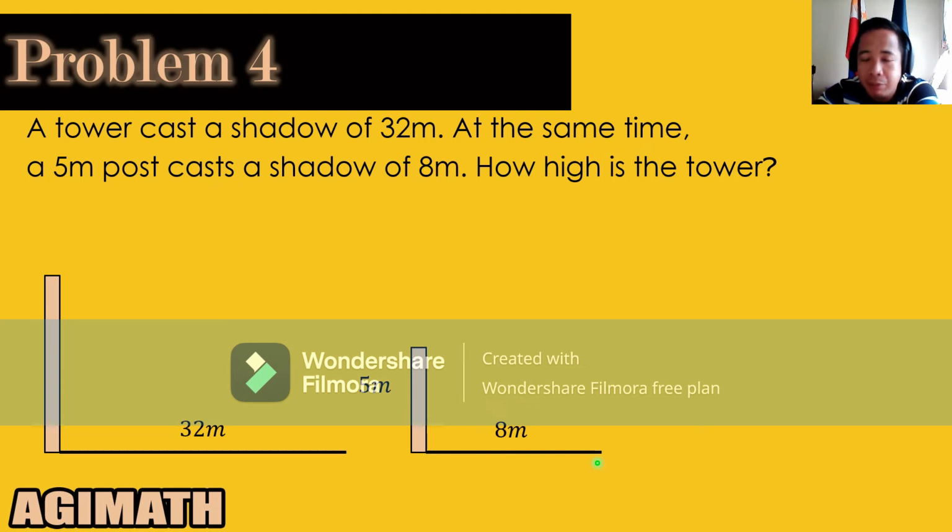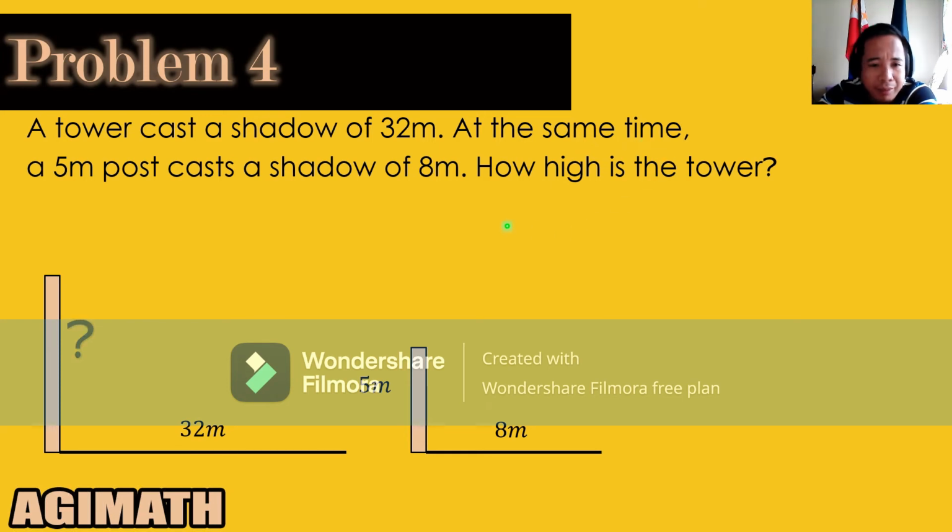Now, in the problem, it is emphasized that this situation is happening at the same time. And then what is asked is how high is the tower? So if you are just going to look at our figure, it does not make sense how we can solve this with this figure. So one phrase that can help us is this one, at the same time.